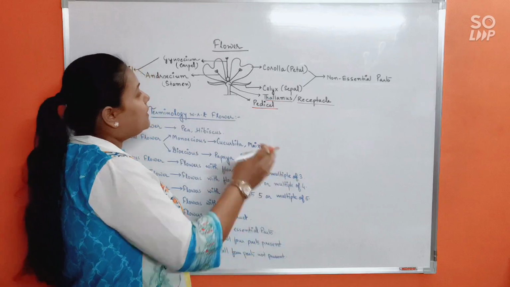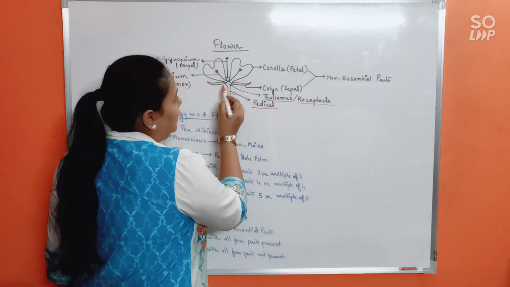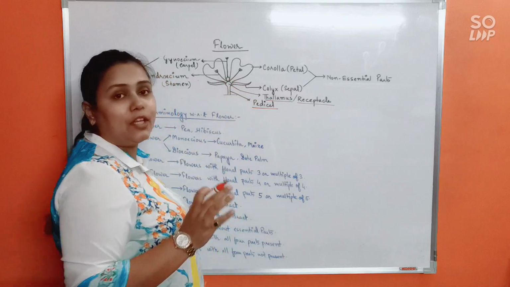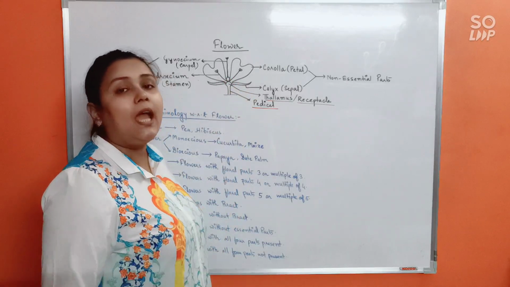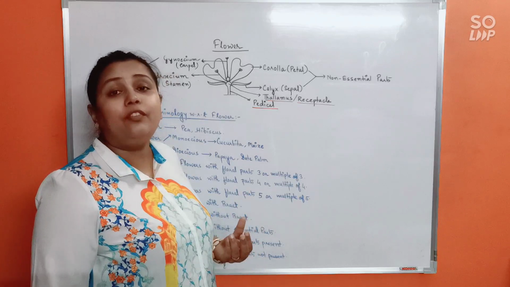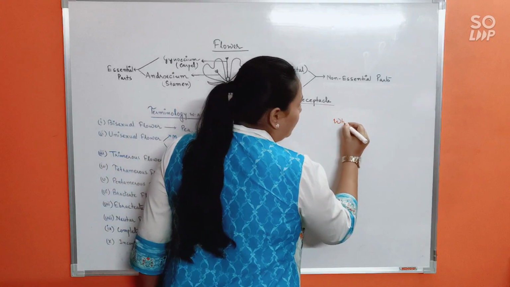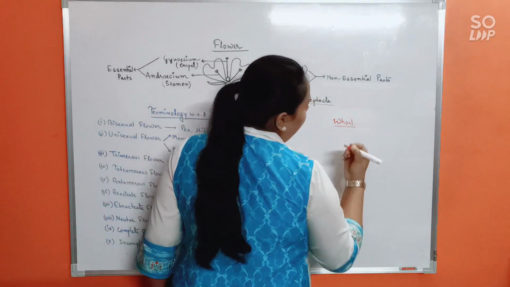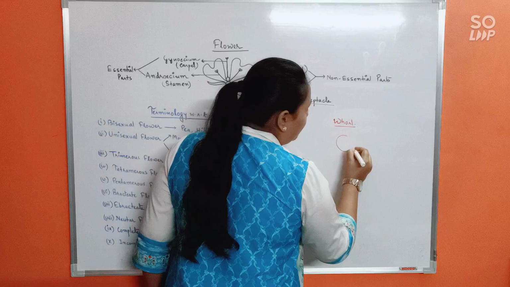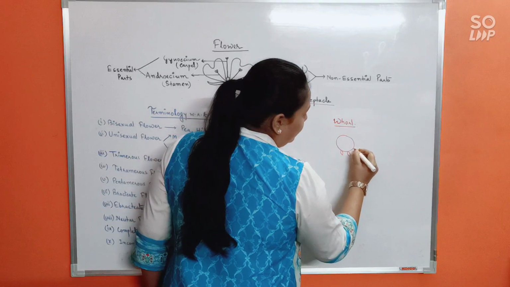Fine. Now, let us discuss the parts finally. See, the floral parts that are present in the flower are actually of 4 types. And all the 4 floral parts would remain arranged in the form of a whorl. So you might be thinking, what is a whorl? Whorl-like arrangement means a circular arrangement. Suppose this is the arrangement.